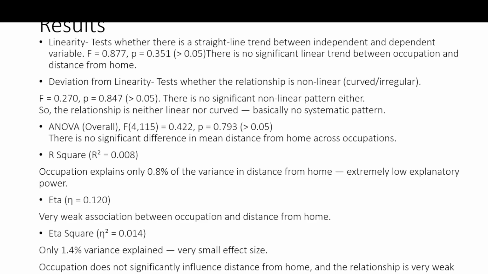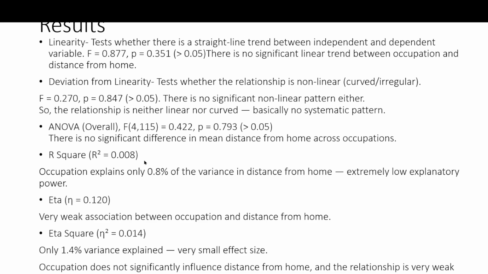Now the result of ANOVA indicates the F statistic, degrees of freedom 4 and 115, and its value is 0.422, and the p-value comes 0.793 at the 5% level of significance. So we can interpret that there is no significant difference in the mean distance from home across different occupation categories. Again our result of ANOVA is non-significant in this case.